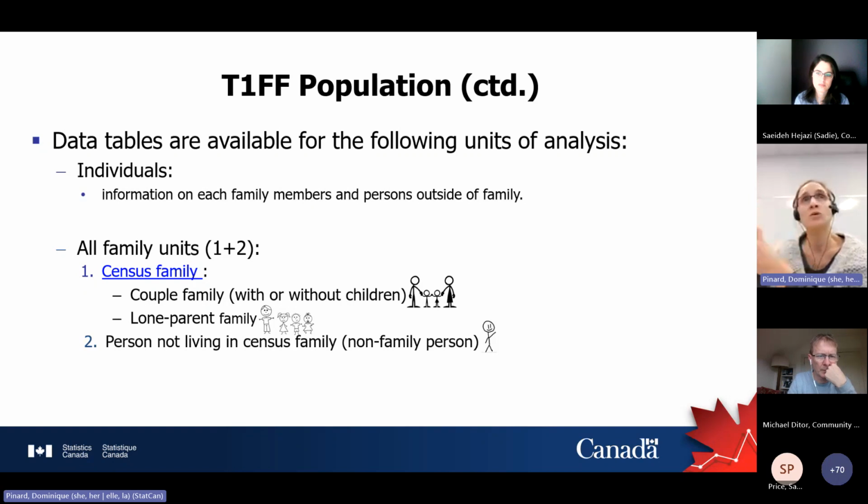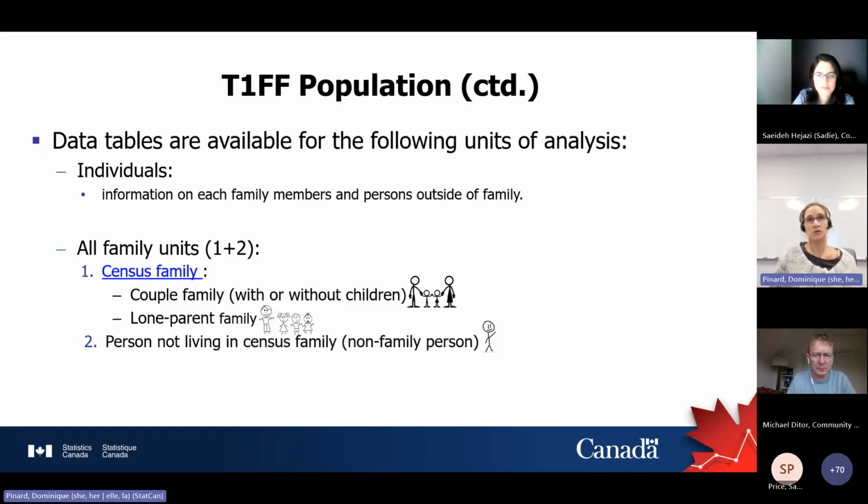Of those individuals, we build family, as I mentioned earlier, and we call that the census family unit. And we break this unit of analysis into two parts. So you have persons not living in census family, which would be anyone who was not assigned either a spouse nor a kid.